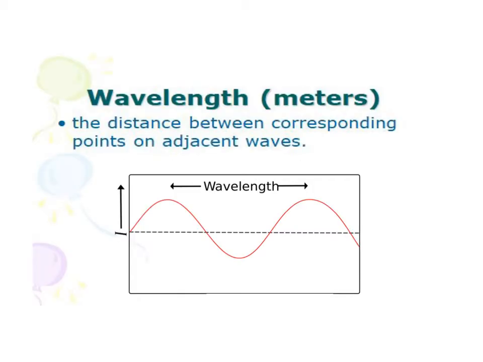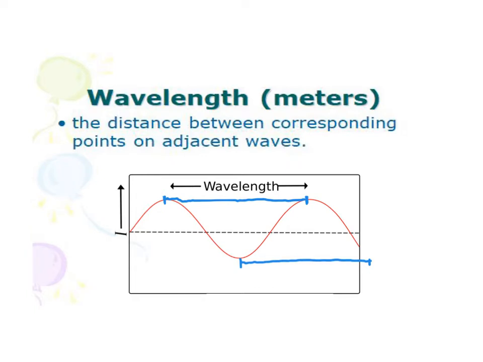Let's talk about wavelength. Wavelength is the distance between corresponding points on adjacent waves. Looking at the picture, it would be from the crest to crest, this distance in between them, or the trough, which in this one is cut off, but it would be right there. This is wavelength.